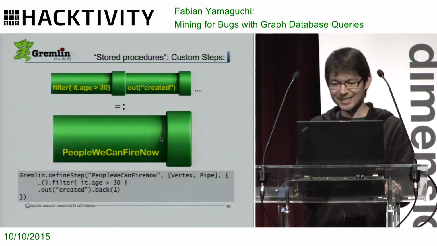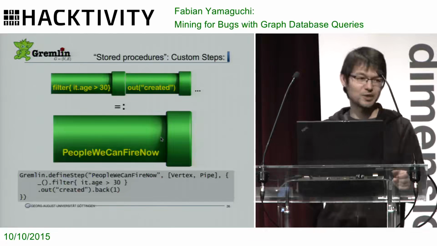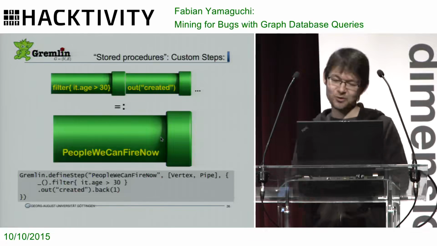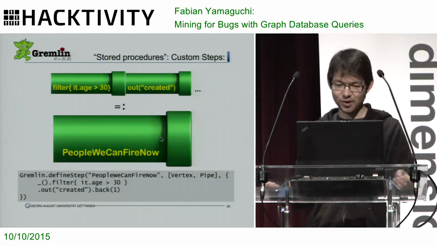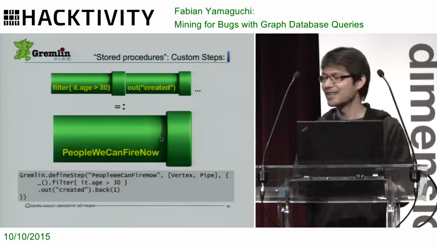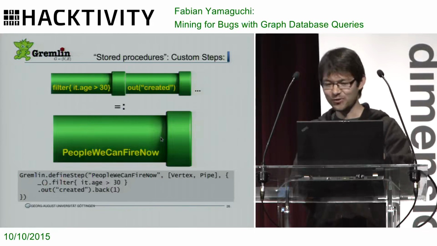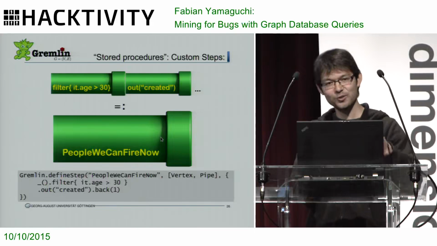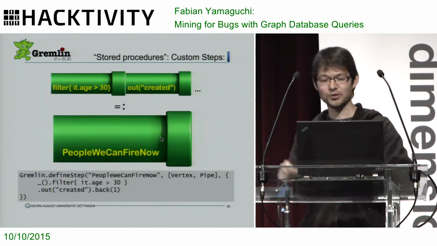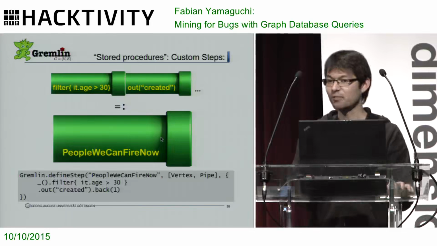Once you've defined something that you commonly look for, you can give it a name. So you can say all the people who are over 30 who've created something nice for us are people we can fire now, and then you can just say people we can fire now, and you don't have to rewrite this thing over and over again. And you can create really complex traversals, they're called, and save them in these pipes and then reuse these pipes all over.